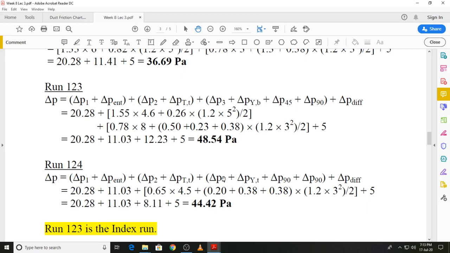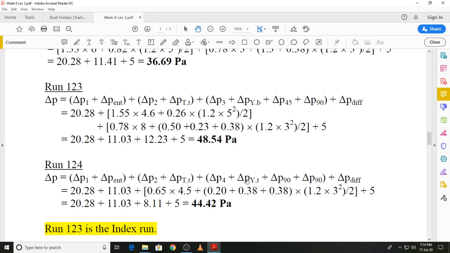And when we look at segment 4, the segment lengths are given in parts, that is 1.5 plus 1.5 plus 1.5, that is 4.5 meters, and the pressure drop for segment 4 was 0.65 pascals per meter. So we have got that frictional pressure drop.